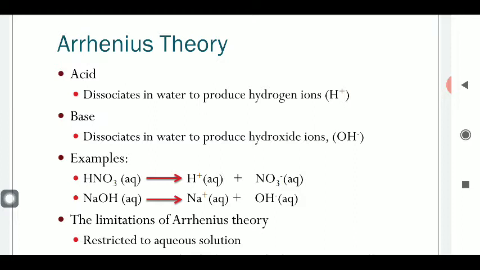Now after dissociation, it can form Al3 positive plus 3OH negative. And all these compounds after dissociation are liberating the OH negative ion. So all these compounds are known as bases. So Arrhenius included the concept of dissociation just to classify acids as well as bases.